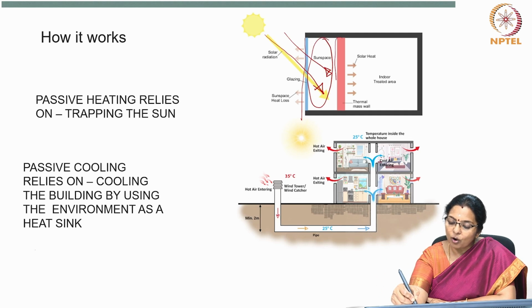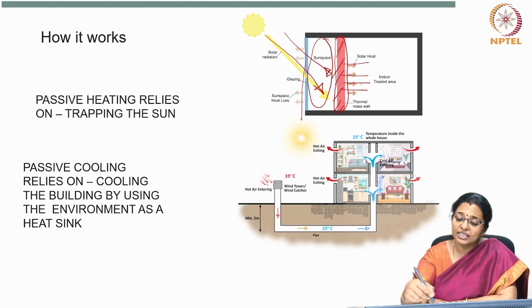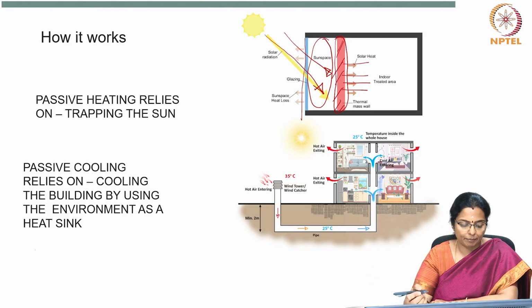This wall acts as a storage space for the heat. The heat is stored in this wall and gets released to the indoors. This is how passive heating can happen.